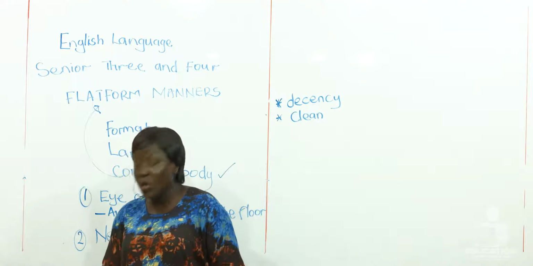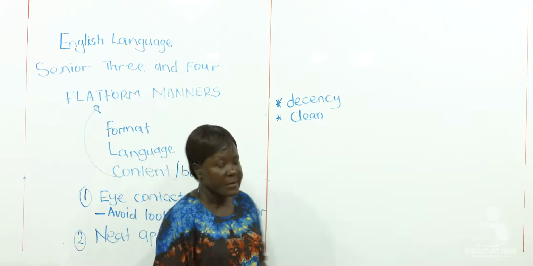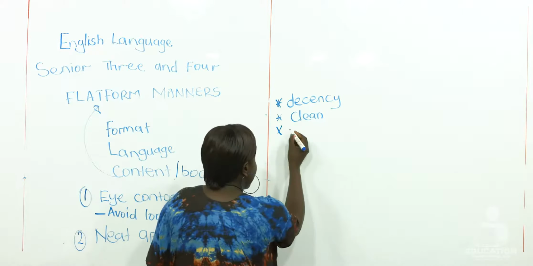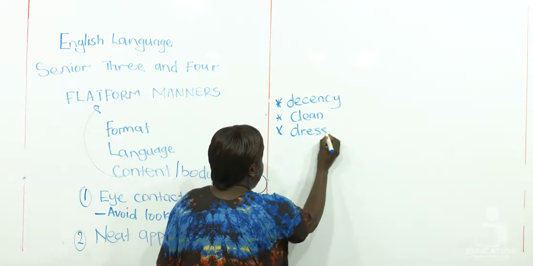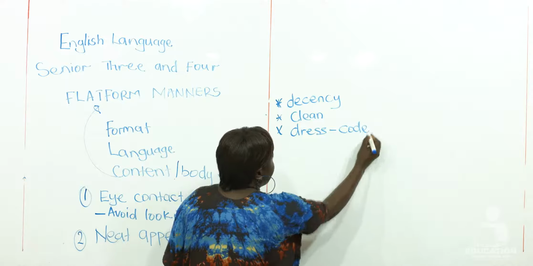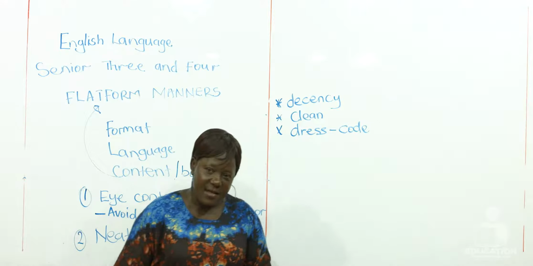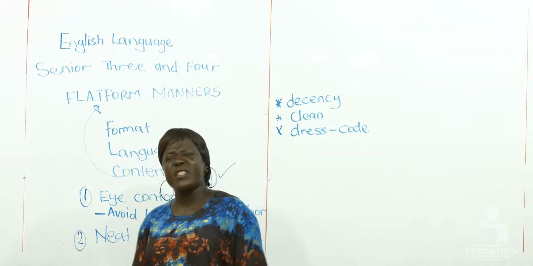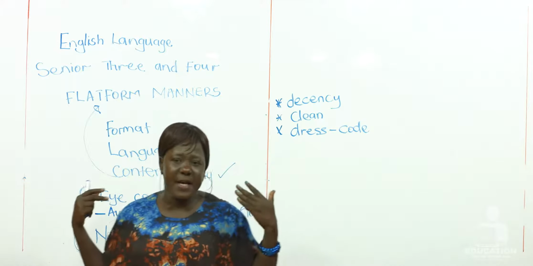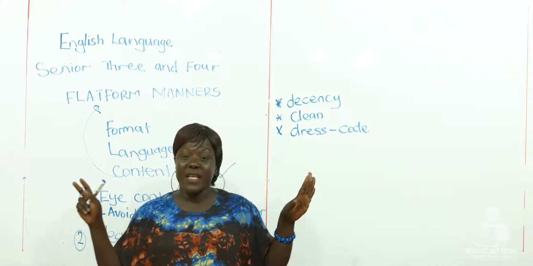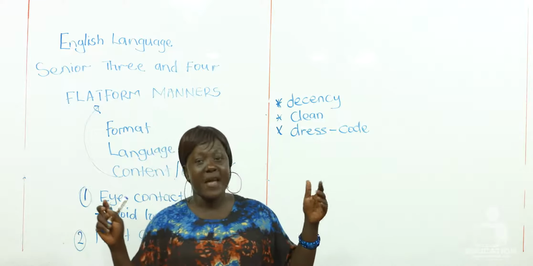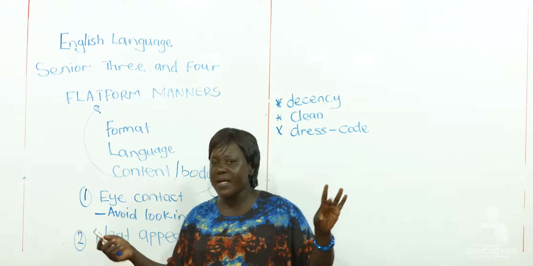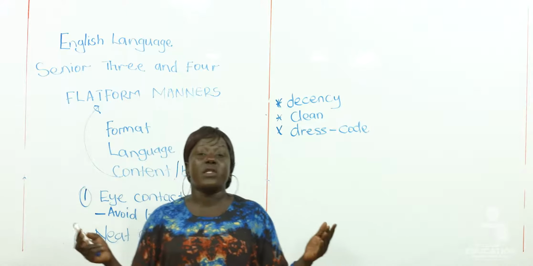Not only that, look at dress code. Dress code here is connected to decency. Dress code here, I mean, you should not overdress and don't underdress. To overdress may mean you have applied too much makeup, you have overcolored your dress. So if, for instance, you're going to speak and you want your listeners to pay attention, don't overdress, don't overcolor your dress. Shouting colors is always very embarrassing on most occasions.